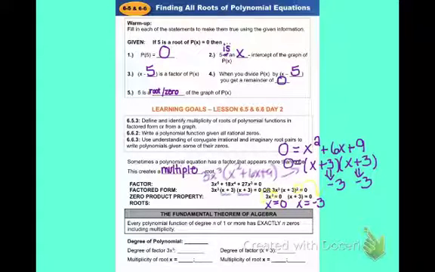So to summarize that, the degree of that polynomial was 5, and the degree of the factor 3x to the third was 3, and so that root x equals 0 had multiplicity of 3. And the degree of the factor x plus 3, which was actually x plus 3 squared, had a degree of 2. And the multiplicity of that root of negative 3 then was 2. So let's go ahead and turn the page and look at some examples.